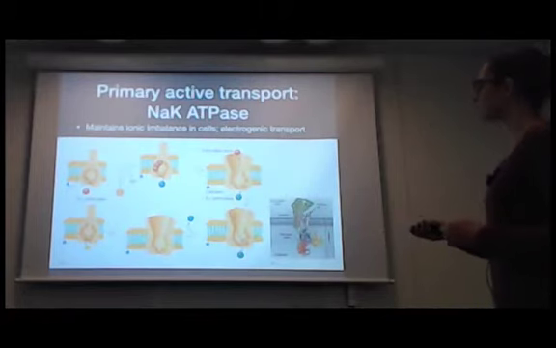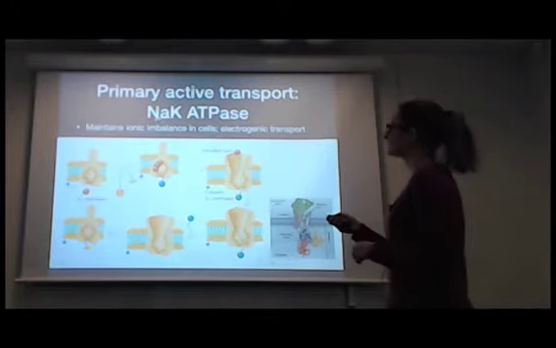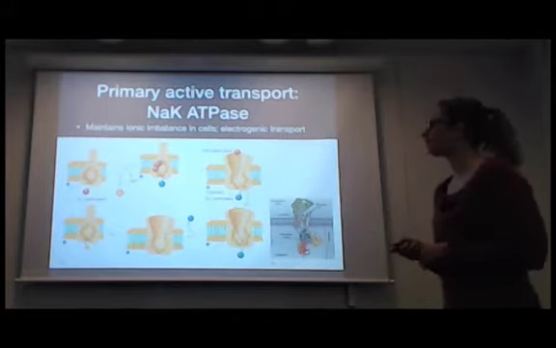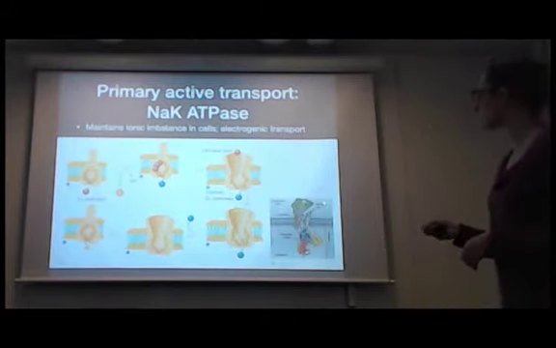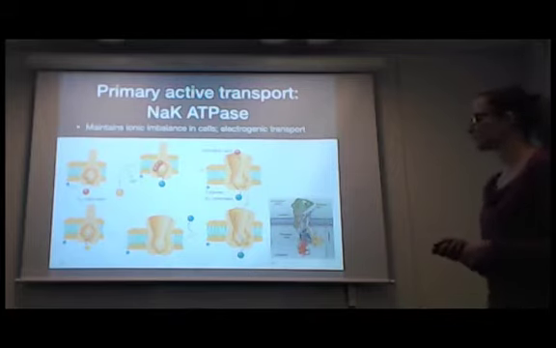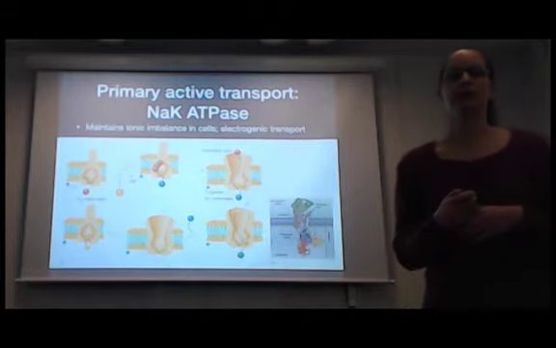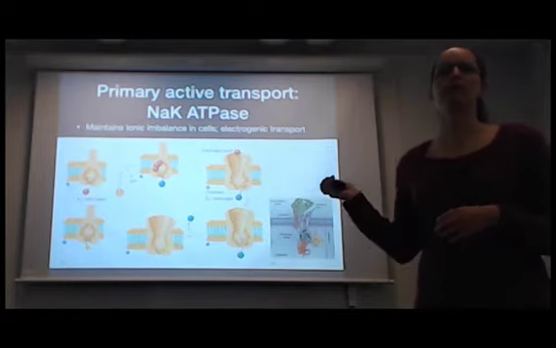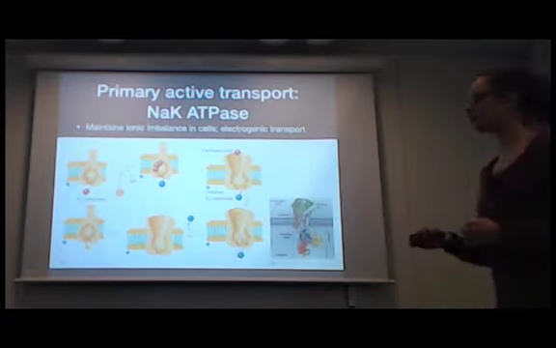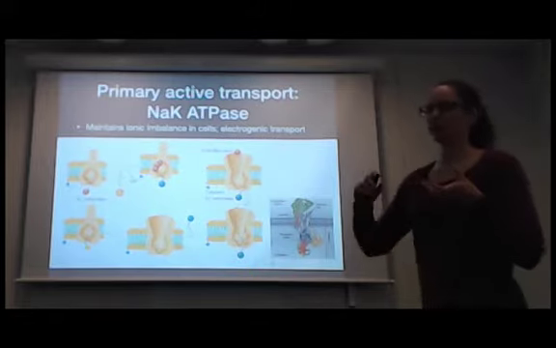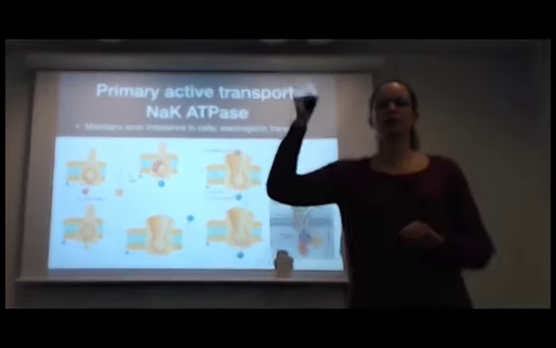The really key player in this family is the Na-K ATPase, the sodium potassium pump. And I think it's interesting to know that we consume roughly 1/3 of the energy that we take in to make this pump work in our body. So it's really, really important. The reason is that it separates potassiums and sodiums.